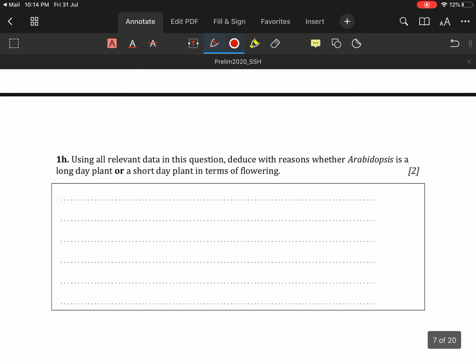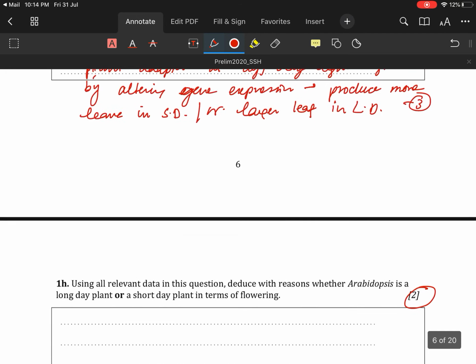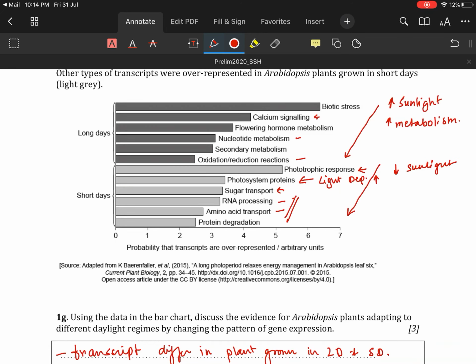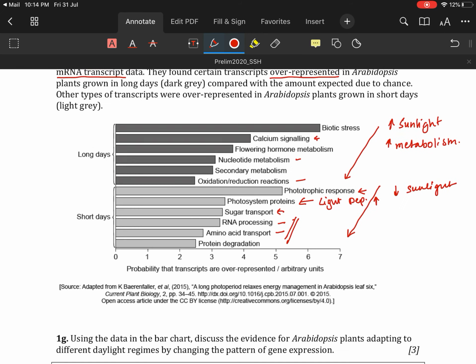Now last part, using all relevant data. Using all relevant data in this question, deduce with reason whether Arabidopsis is a long day or short day plant. Now I will go through all the graphs and we see whether it is a long day or short day. So for long day, the flowering should occur during the daytime, meaning during the longer period of day.